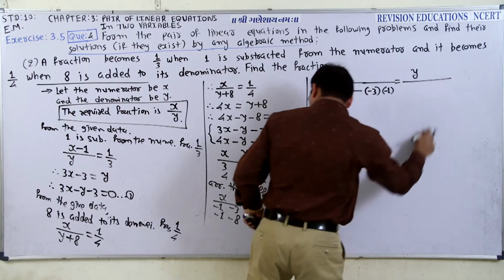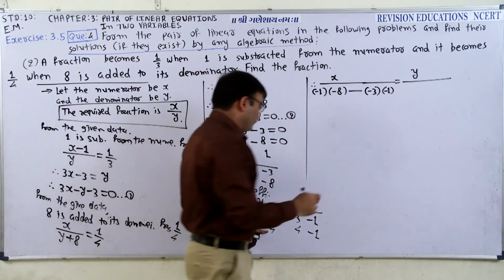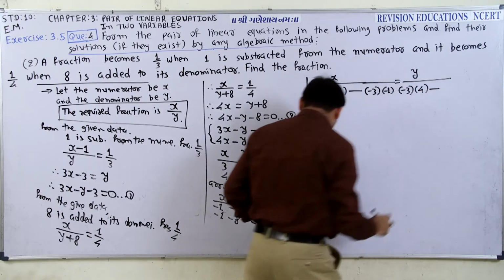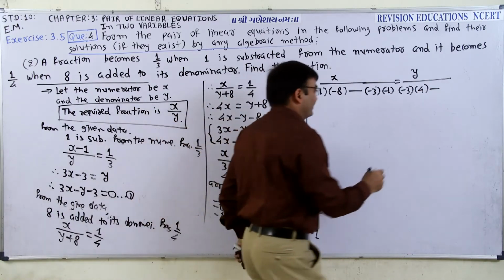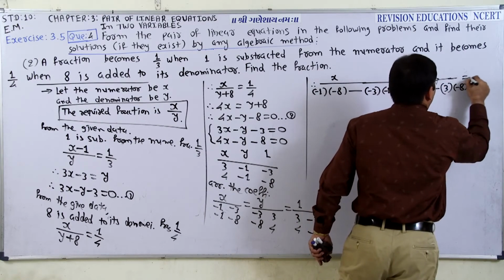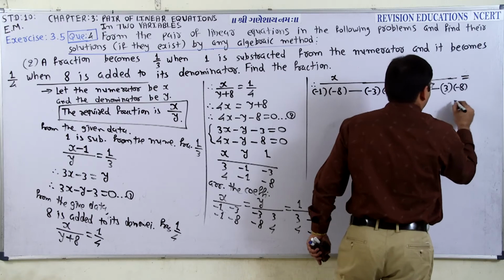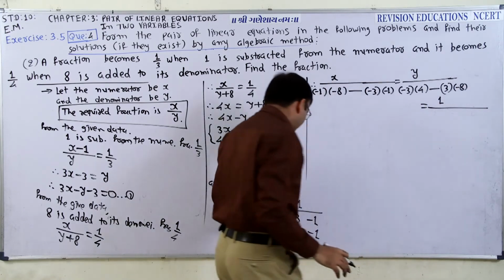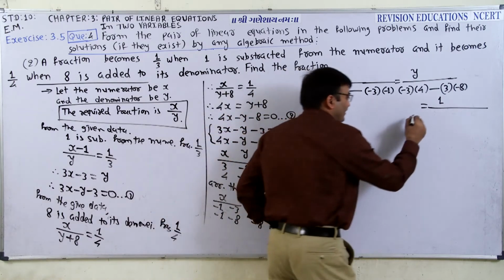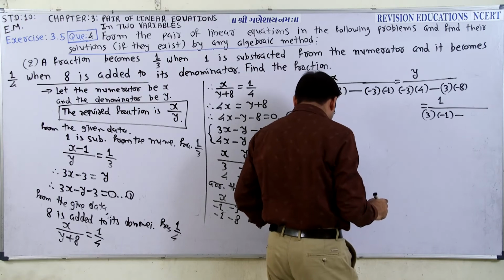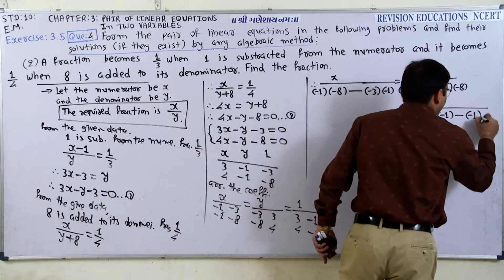Y upon -3 into 4, minus 3 into -8. 1 upon 3 into -1 minus -1 into 4.